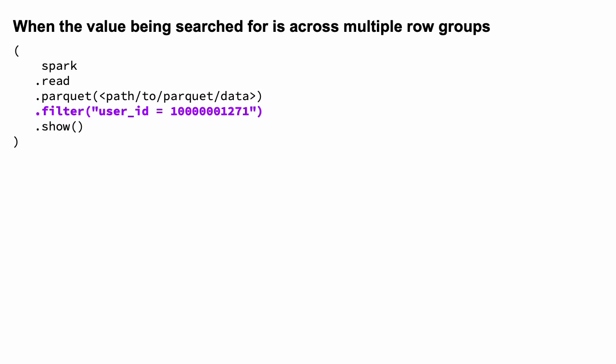I just scanned the metadata of the row groups and intentionally chose this user ID. So the situation is, if your value of a column happens to be present in the min-max range of multiple row groups, then you will have to read all those row groups. And in this situation, this value was present across all the row groups in their min and max range.